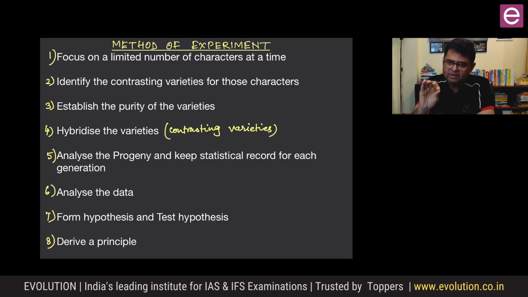And Mendel, in his first paper, did not even mention the results of trihybrid cross. Mendel stopped at dihybrid cross, and with the help of that, he tried to explain the principle of independent assortment. So when he focused on a limited number of traits, it became very easy to analyze the data.